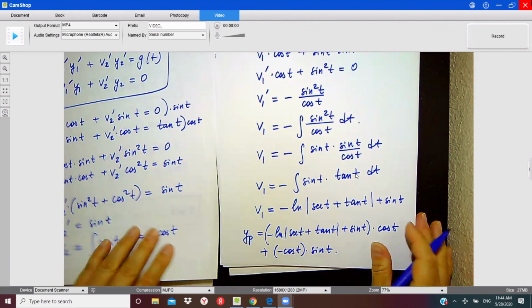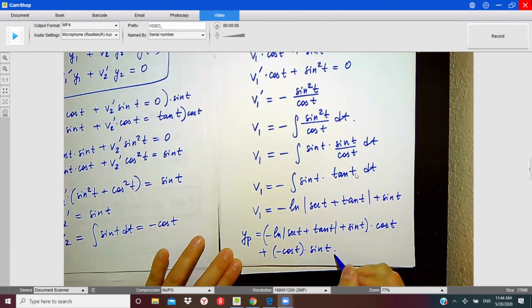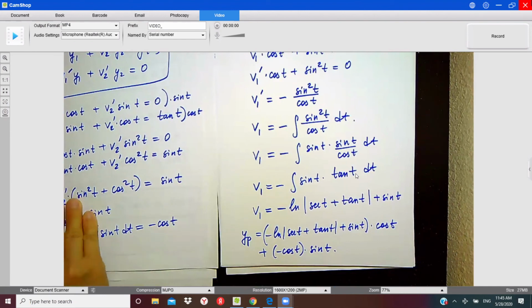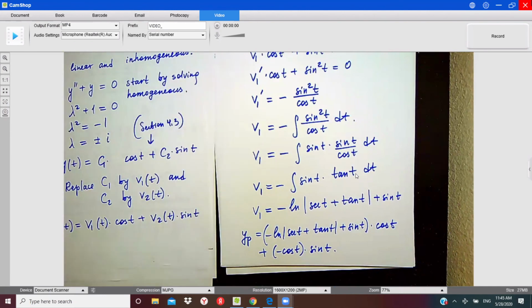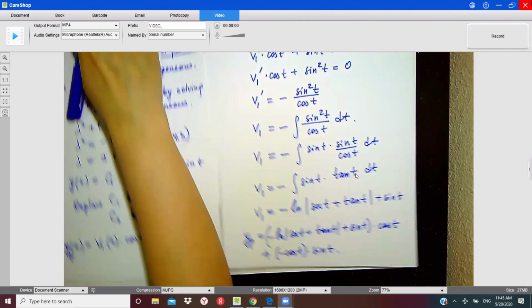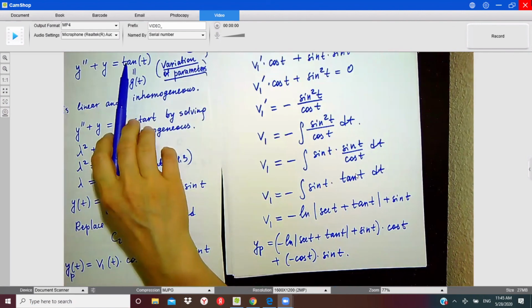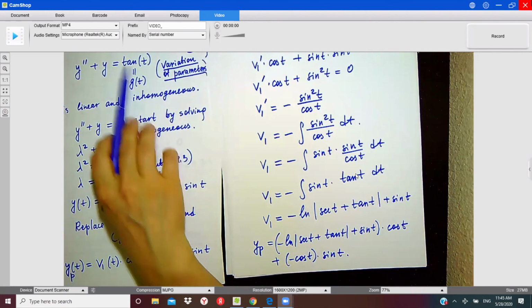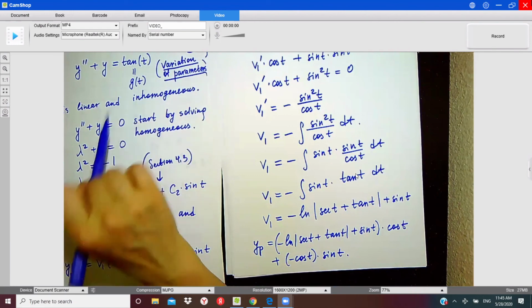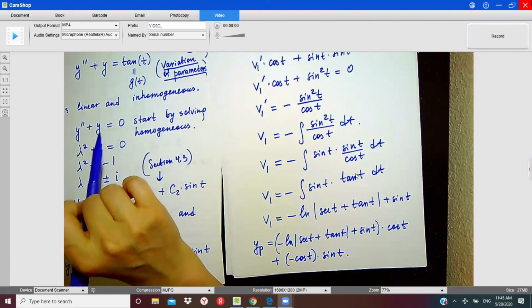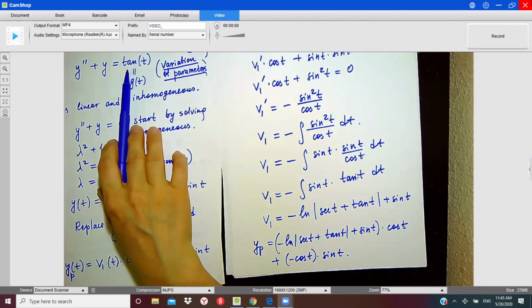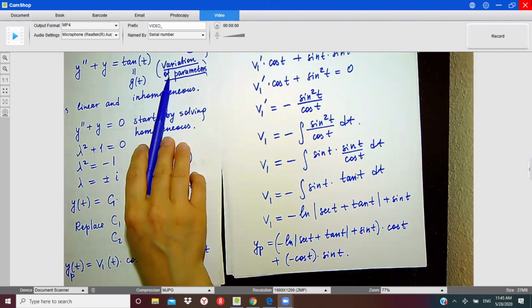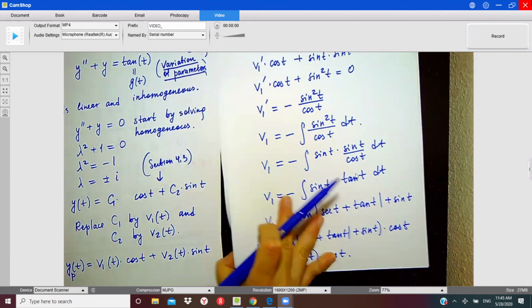So yeah, that looks pretty tedious. So this is the particular solution for our inhomogeneous problem right here that involves tangent on the right-hand side. So this cannot be solved using the undetermined coefficients, or at least it would be very difficult to do that. Do you agree? So this is the method to use in this problem. So any questions?